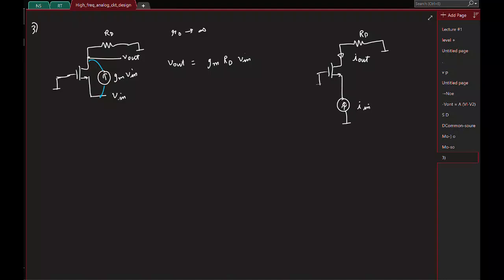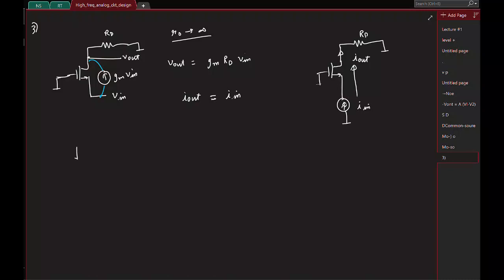It's same, right? Again, I'm assuming R0 is infinity. So whatever current flows here has to come, right? I think I kind of messed up the direction. So in this direction it's same. So here you see that the output current is equal to the input current. So what's the point of the circuit? It's a current buffer, right?